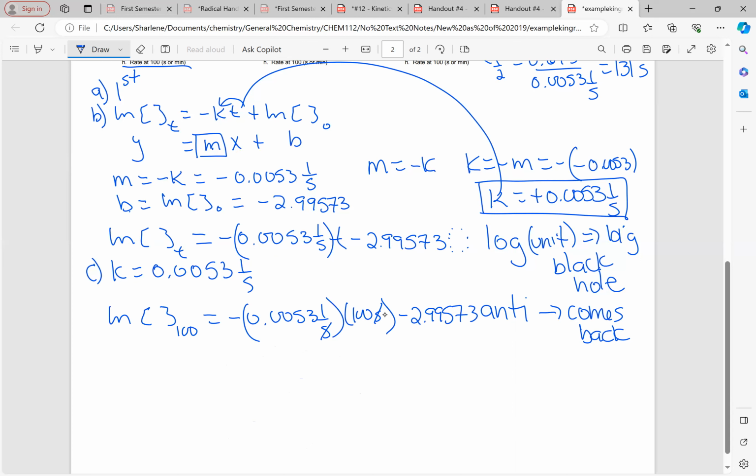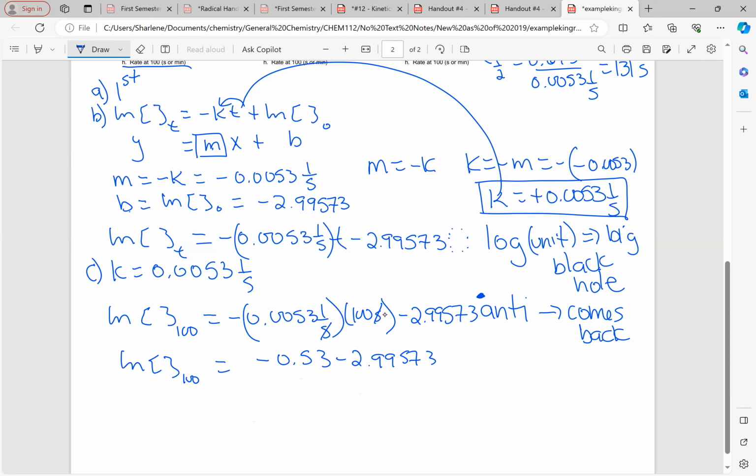And remember, that matches because this one right here doesn't have a unit, and you can't add two things together that have different units. So 0.0053, yep, I should have been able to do that in my head. Negative 0.53 minus 2.99573 equals the natural log at 100 seconds.